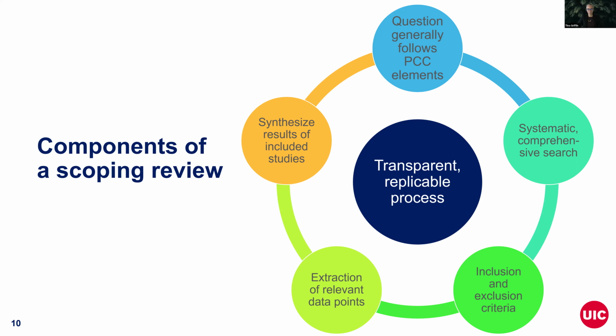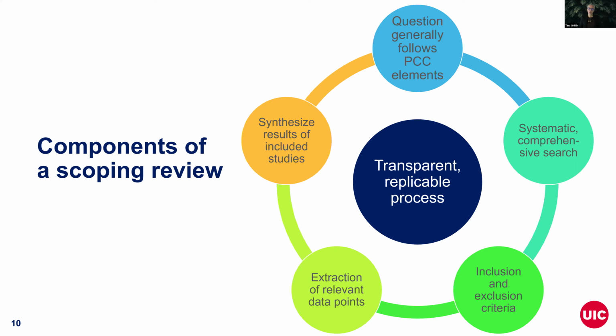Scoping reviews are big projects because of the nature of what we've already described. They're broad. There's a lot of moving parts and pieces to them. There's a lot to keep track of. And so with that, these are a few of the elements and the components that go into them.